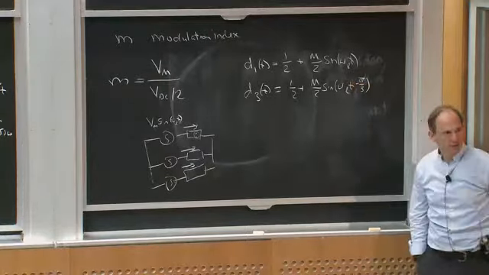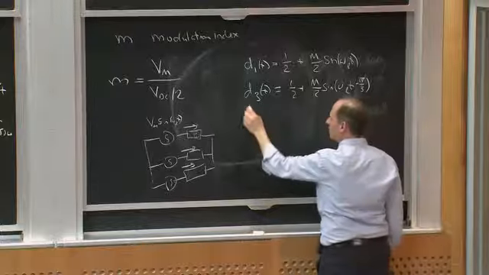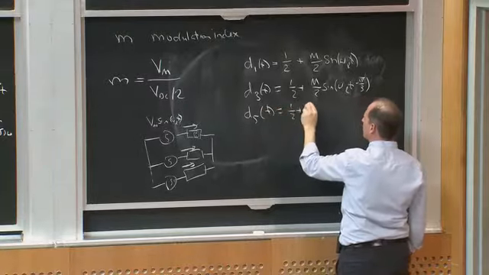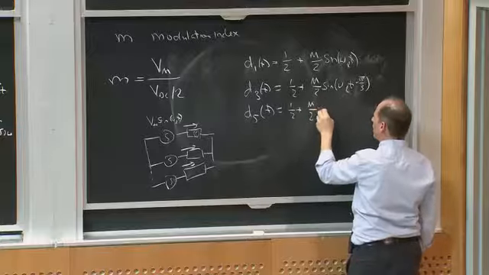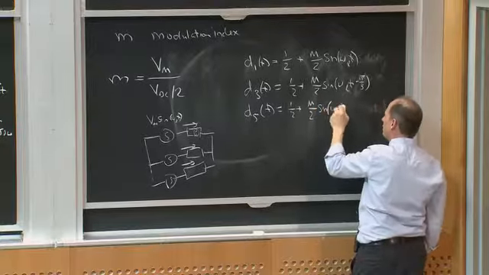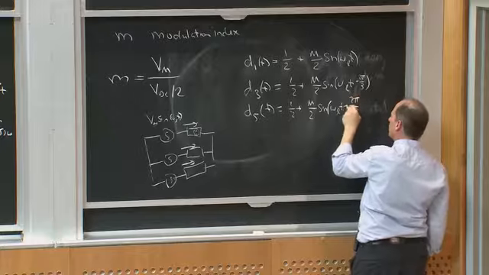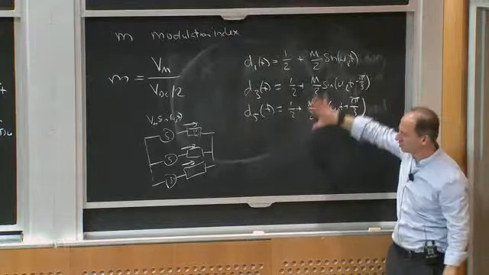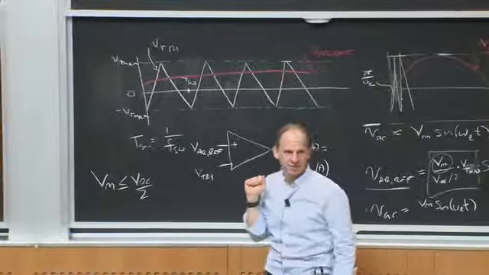Does that make sense to everybody? And D5, which would be the third bridge leg, would have 1/2 plus m over 2 sine of omega L t plus 2 pi over 3. Okay? So this is what would result with this triangle intercept PWM done on the 3 phases.